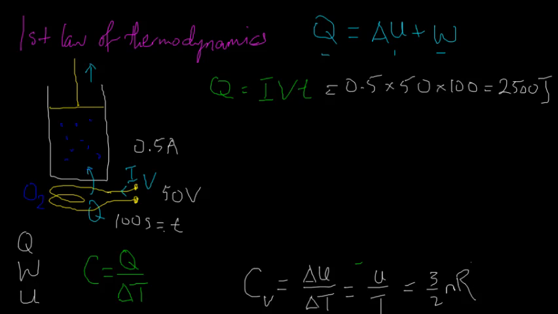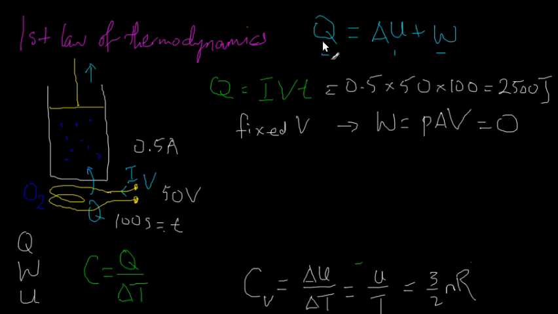So I'm doing it now for the case of a fixed volume, and this means that any work done, which we know to be pressure times change in volume, must be 0 since there's no change in the volume.